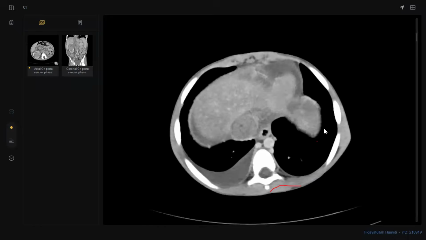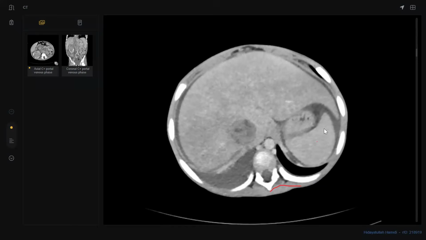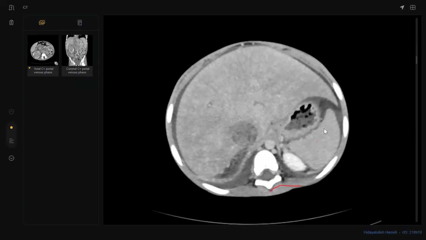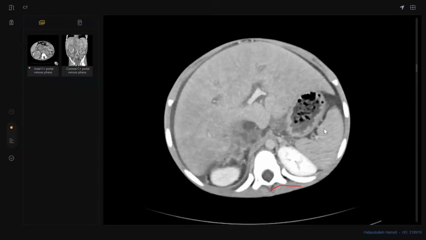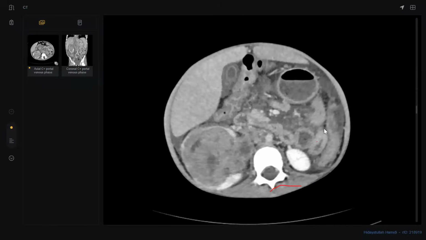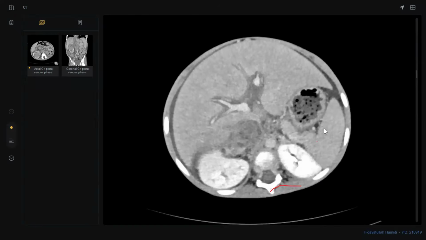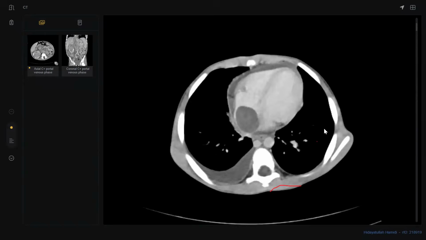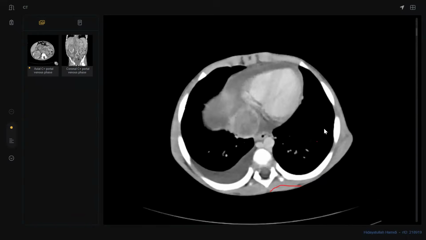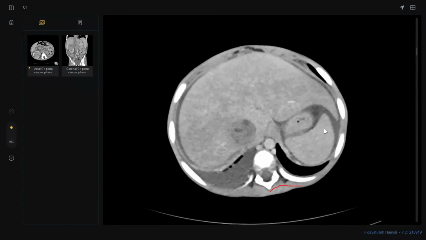And there is something important: the right atrial thrombus extension. What happened to the liver? What is the name of this appearance?